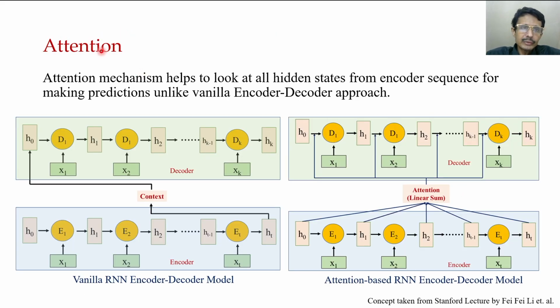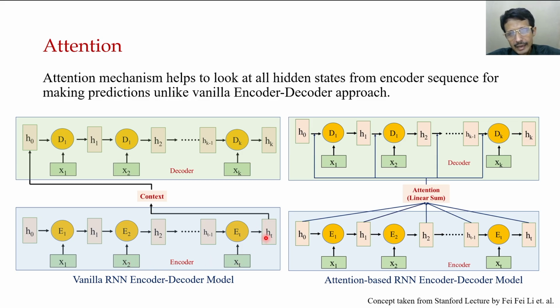Now here we introduce attention. Where it is different, you can see in this figure, which is our previous model drawn in a different way. This is our encoder structure, E1, E2 up to ET, and this is X1, X2.